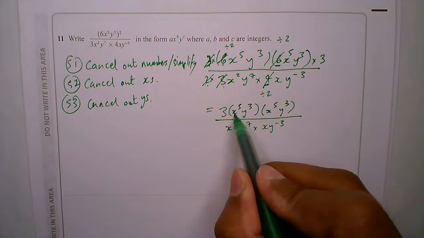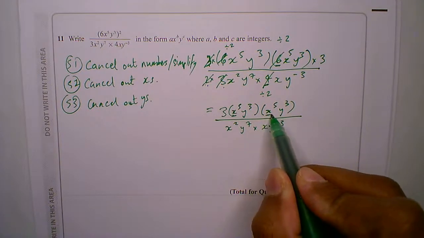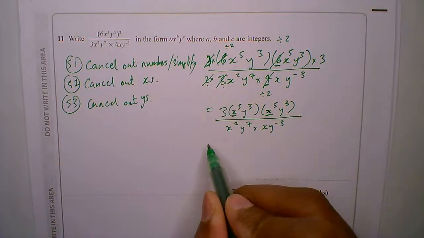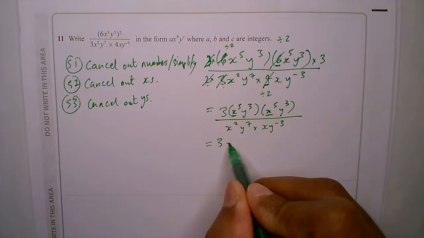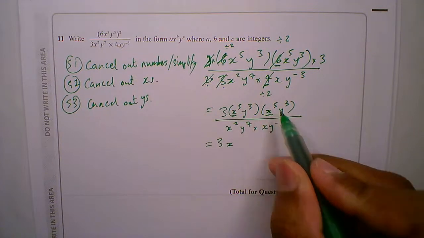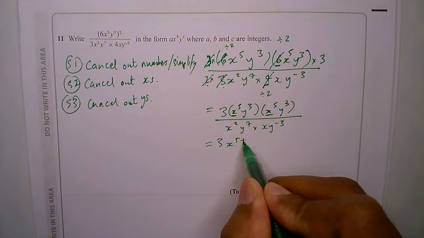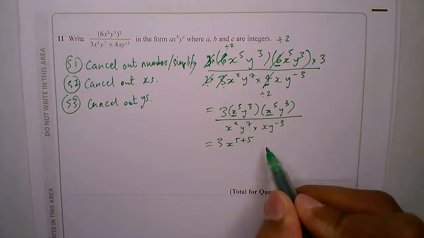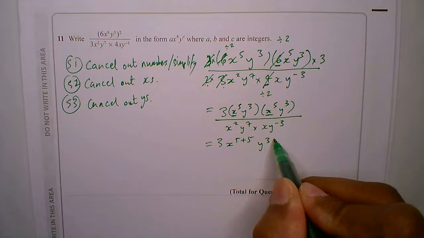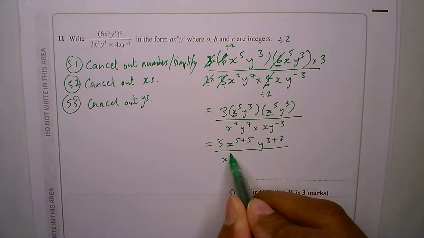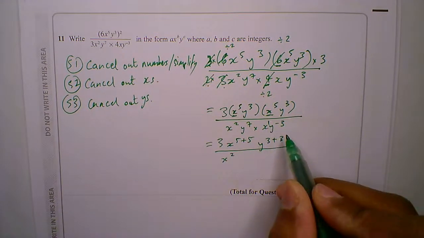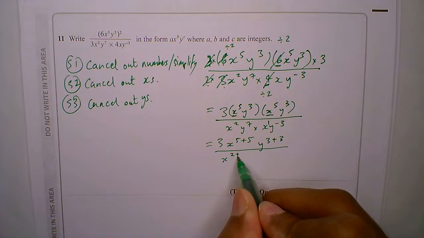Next thing is I've got the same terms, x's. So if I'm multiplying the same letter, I can add the powers. So you've got x to the power 5 plus 5. Okay, I've got y to the power 3 plus 3 here. I've got x to the power 2, and this is x by itself, which means it's a 1, so 2 plus 1.